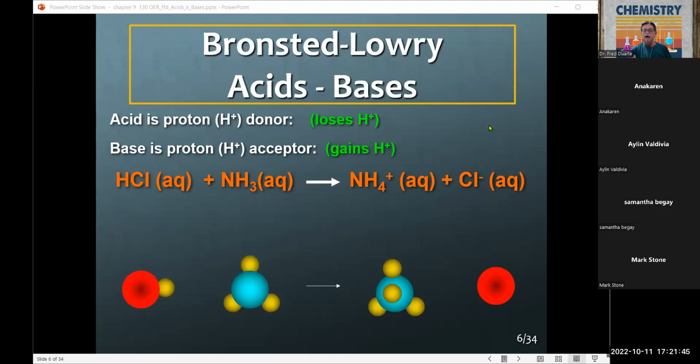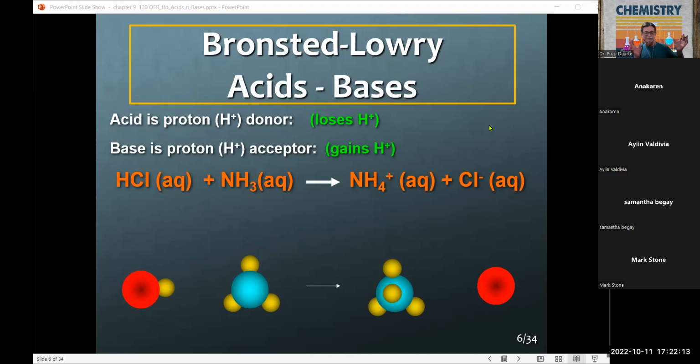Now, the other type of definition for an acid and a base is what is called the Brønsted-Lowry acid-base definition. Okay. Now, the advantage of the Brønsted-Lowry is this: with the other definition, a base has to be a compound that produces a hydroxide, plain and simple.